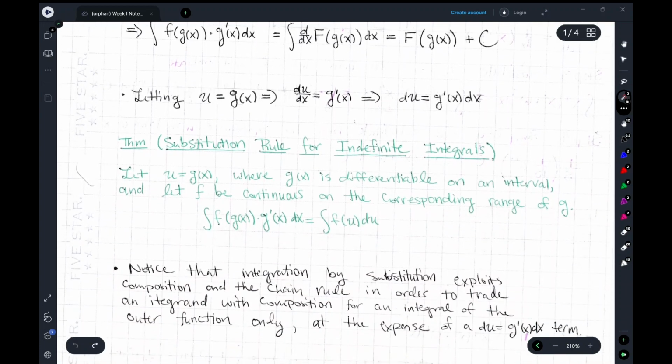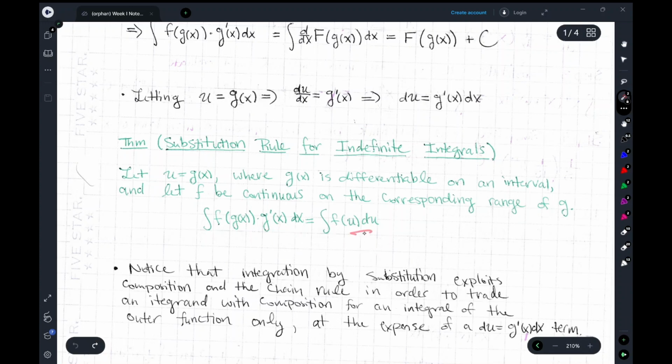And so here's the theorem. Let u equal g of x, where g of x is differentiable on an interval, and let f be continuous on the corresponding range of g. Then what we do is we'll set u equal to g of x, right? And so you'll get f of u. And then now, how do we get rid of this part here, or not really get rid of it, but sort of sweep it under the rug?